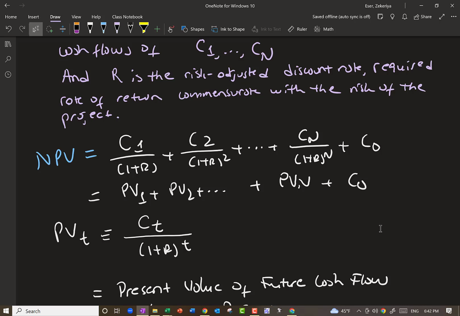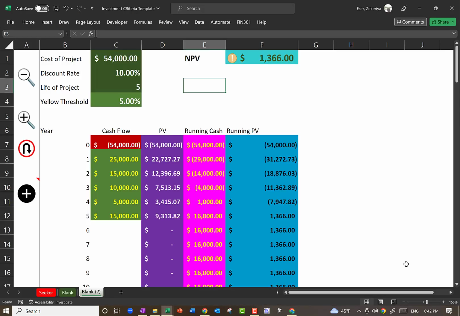Does it take all the cash flows into account? Just look at it. Or if formulas don't speak to you, look at the sheet. NPV is sum of present values from year 0 to 5 in this case, because it has a 5-year life. Basically, it's sum of the present value of all the cash flows.